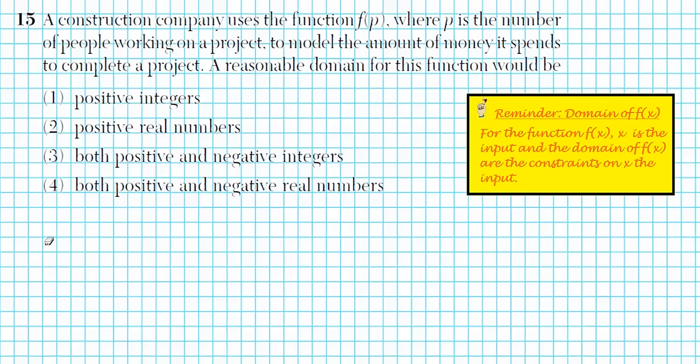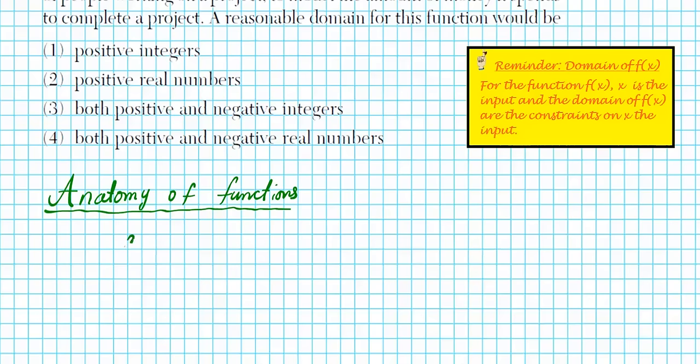All right, let's do a real quick anatomy of functions, just to illustrate what I'm talking about. What are the meanings of the different components of a function? Let's say we have a function f of x equals y.